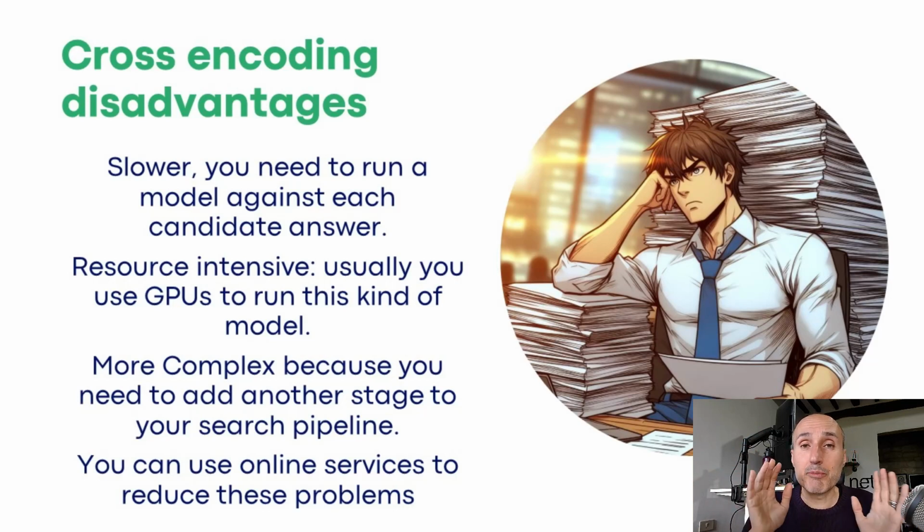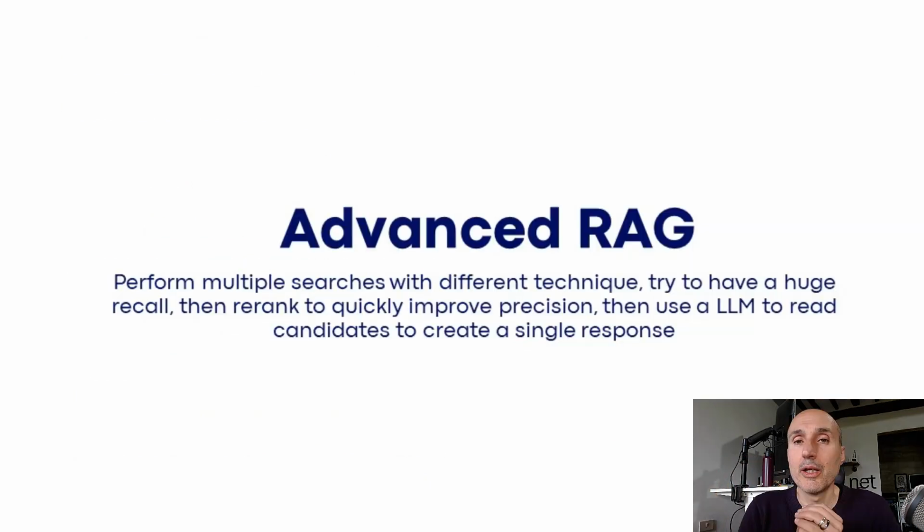But I'm telling you that this is the real game-changing model in your search pipeline. ReRanking is what gives you the ability to strive for precision and recall at the same time. First recall, then precision with a ReRanker. And even if you have these disadvantages, the result will be very appealing for the user.